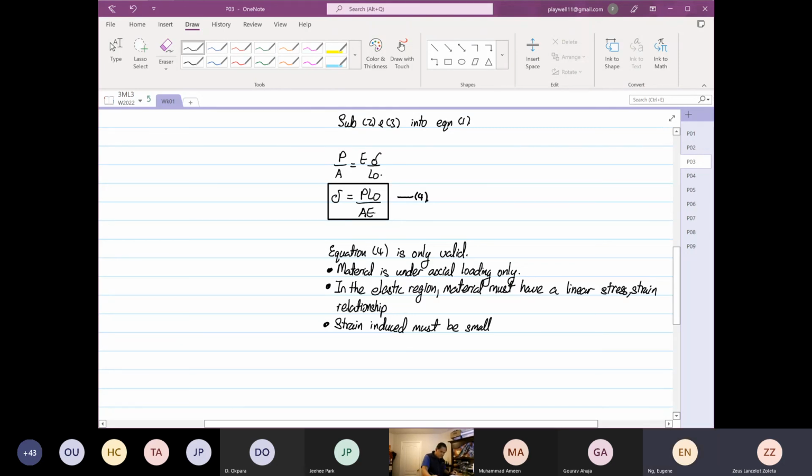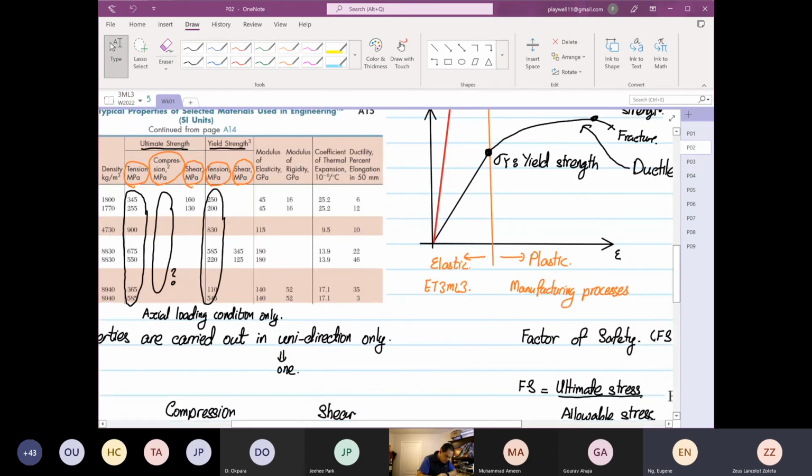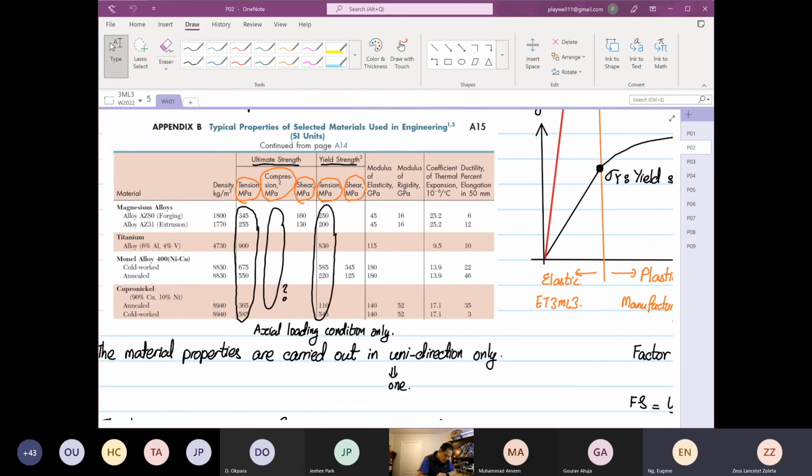The strain induced must be small. Okay. So why is that? Okay. So if you look at most of material, right, stress is equal to E epsilon, right? So if we look at standard steel, the yield, okay, so the yield, let's look at our table. Okay, let's look at the table. The yield is about 250 megapascal.